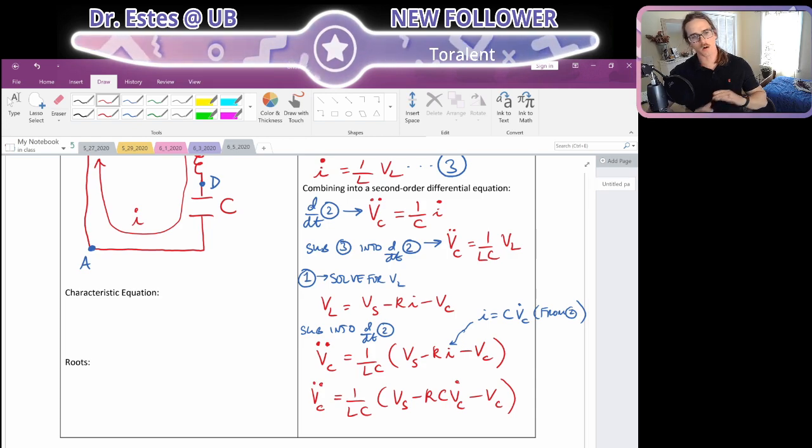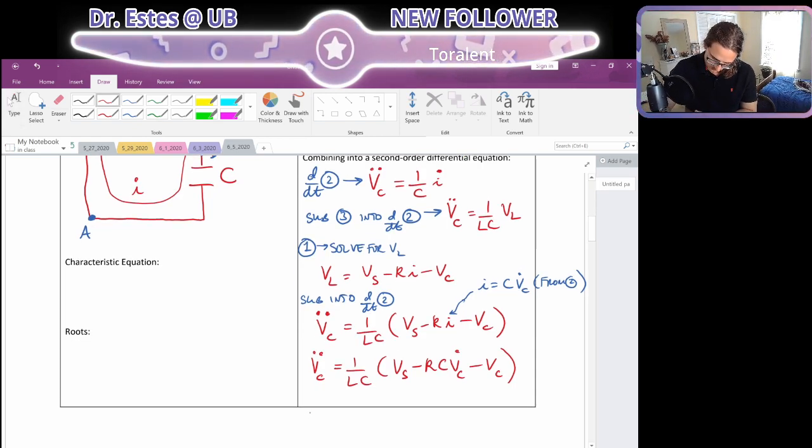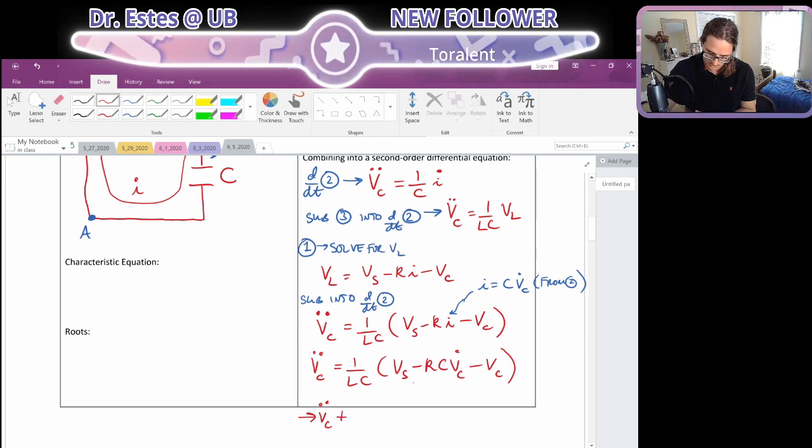And now I'm going to bring all of the VC terms over to the left. VC double dot plus RC over LC VC dot. So that's just R over L, plus 1 over LC VC.